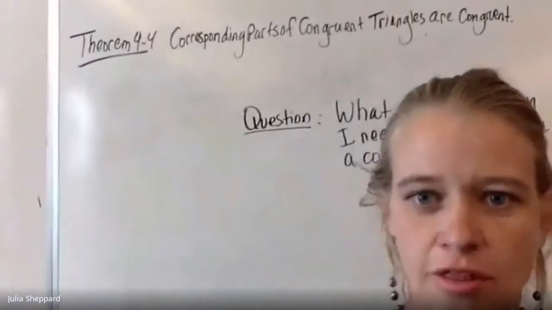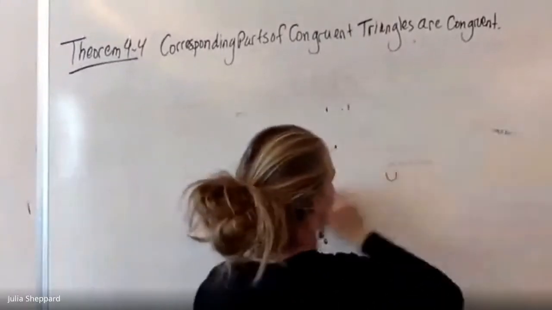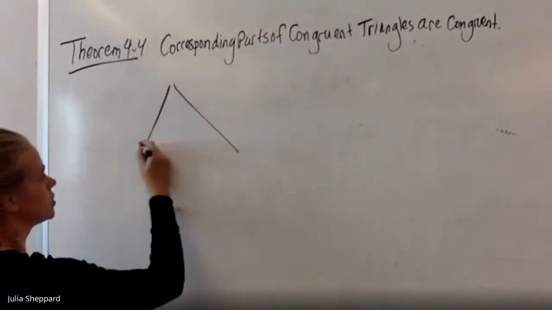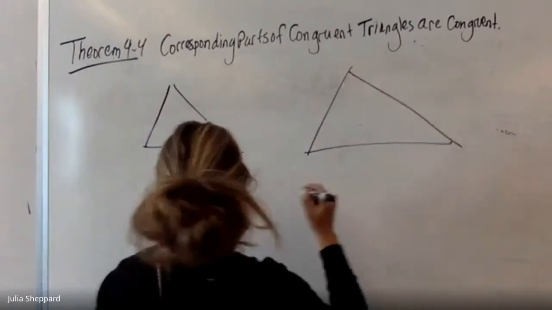All right, theorem 4.4. Corresponding parts of congruent triangles are congruent. And that just means if you have two congruent triangles, guess what? Every single corresponding part better be congruent.